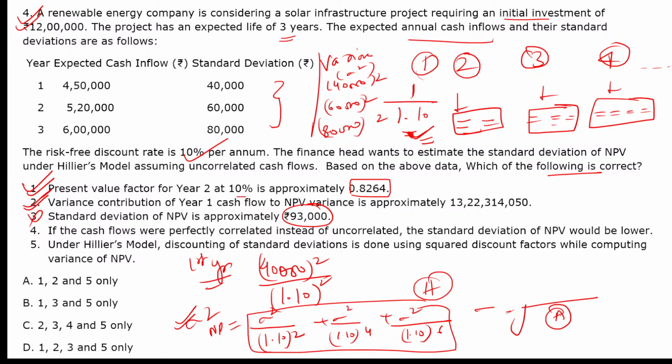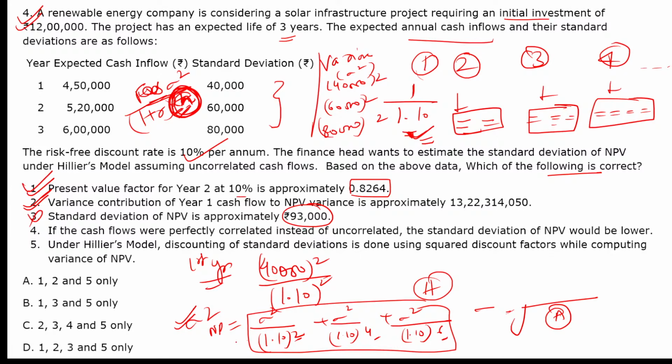Same discounting factor thing, everything is same, except that till here we have done future value divided by 1 plus r power n, right? But for Hiller it is 2n. And instead of NPV we take the square of standard deviation, the variance amount, divided by 1 plus r power 2n. It will always be 2n for each year. 2 into n: 2 into 1 is 2, 2 into 2 is 4, 2 into 3 is 6.